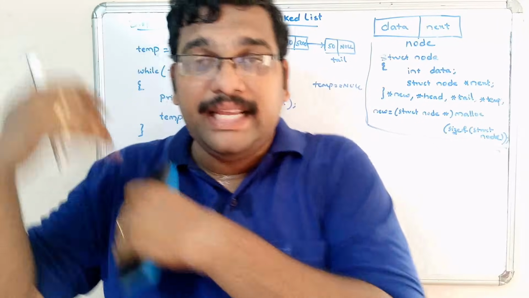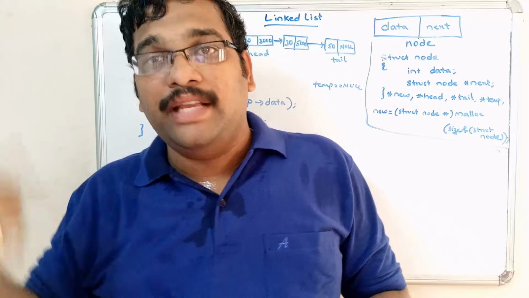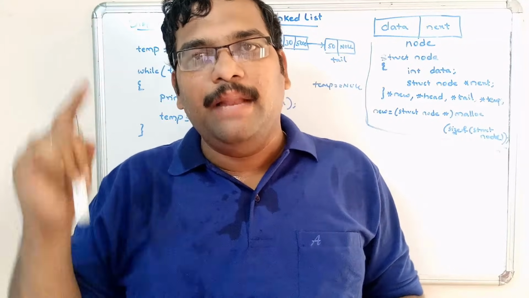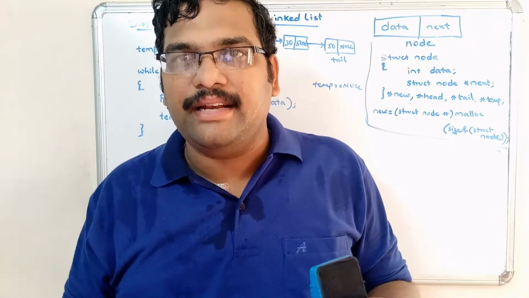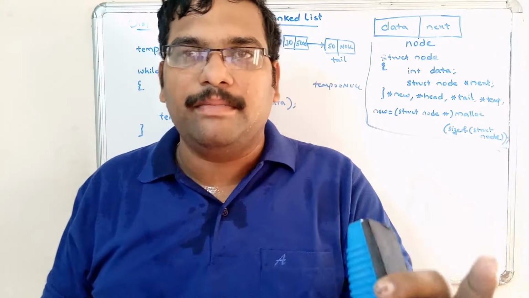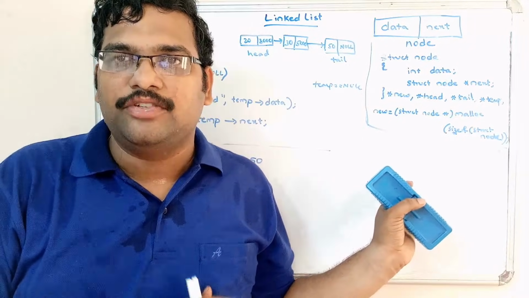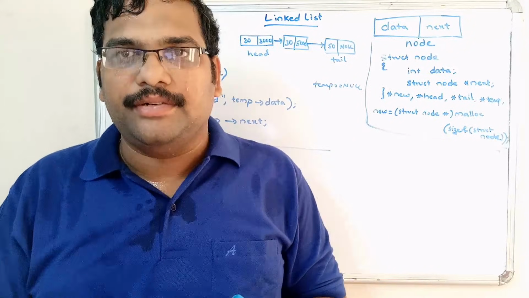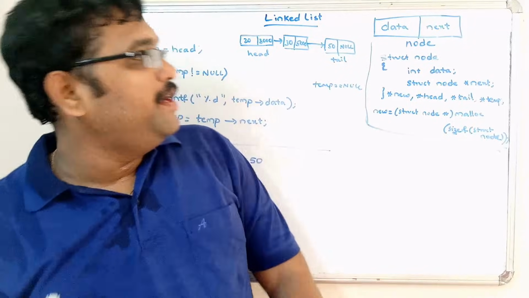In arrays, if you want to insert an element at the beginning, all the elements should be moved towards the right side, and then we insert the element. That doesn't happen in the concept of list. That we will see in the next session. Insertion and deletion, two more we have to see, right? So let us stop here.